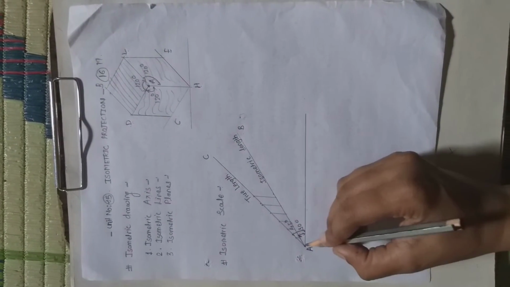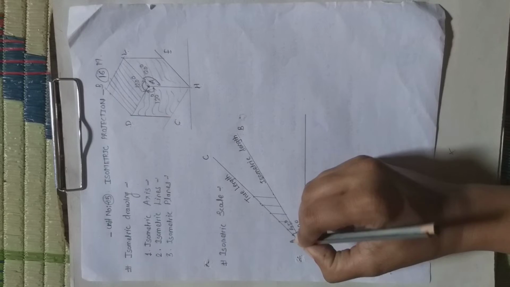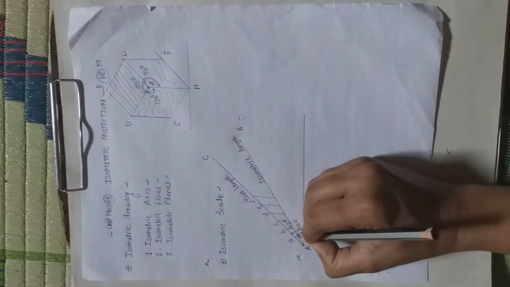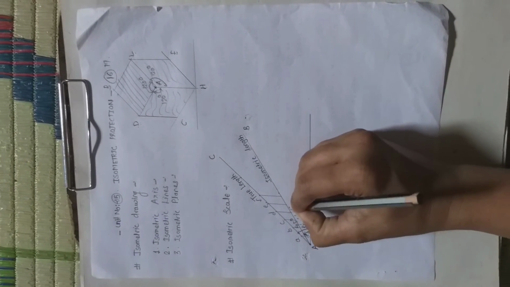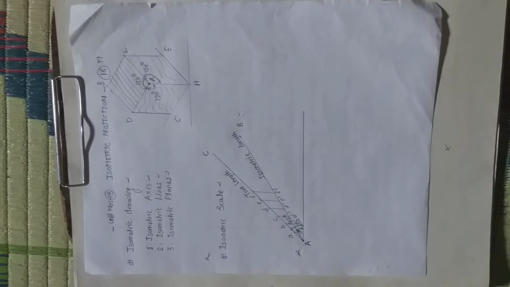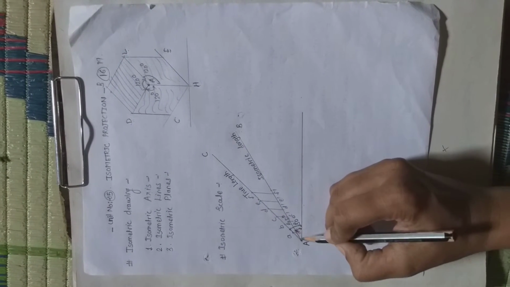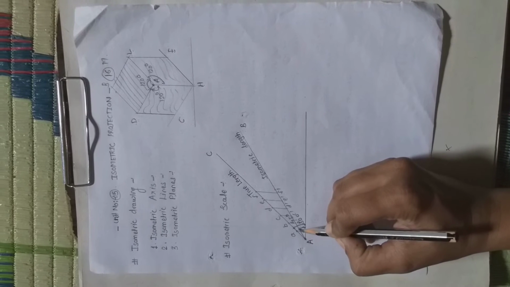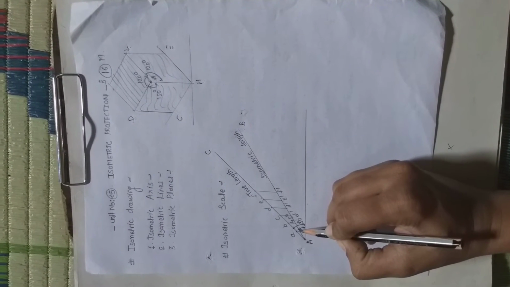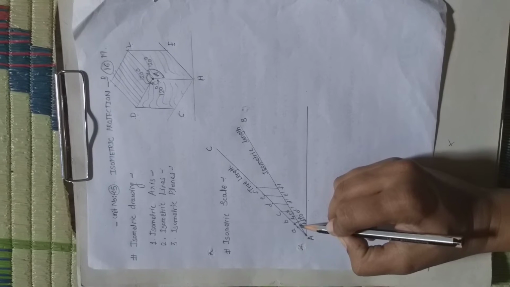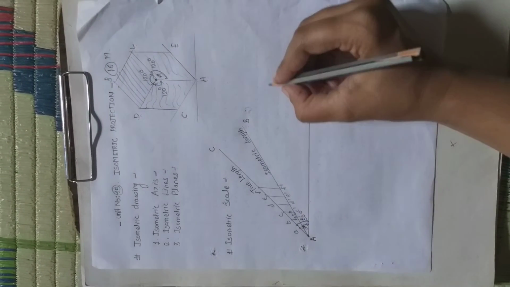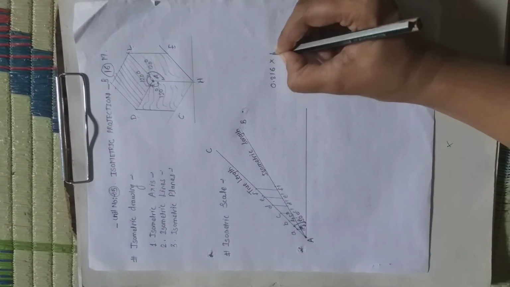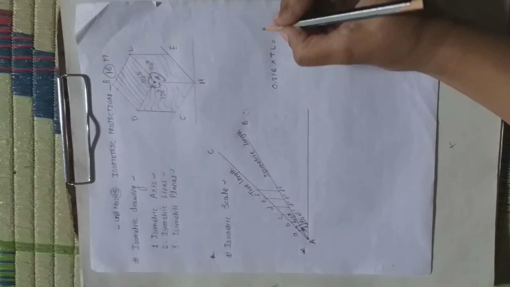When we measure this slot, with the naming A B C D E F here and A dash, B dash, C dash, D dash, E dash and F dash here, this has a 1 centimeter distance, but this slot is less than 1 centimeter. For this we have to multiply by a factor, and that factor is 0.816 into true length, and then we get the isometric length.